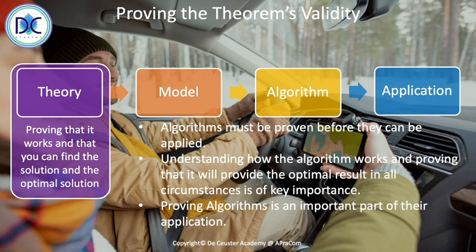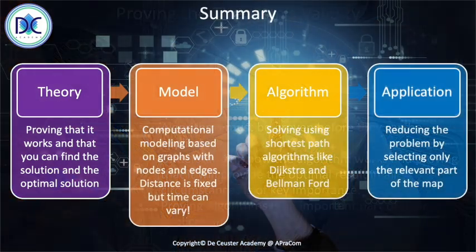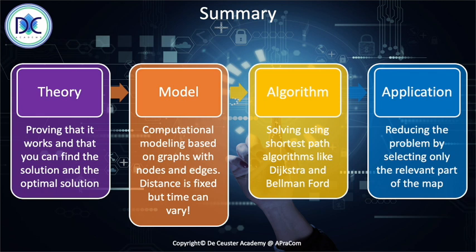We have the final model, we have the theory where we prove that everything works. We have the computational model where we use graphs with nodes and edges. And when we look at the distance here, the distance is fixed, but time can change. Look at circumstances on the road where we have some traffic works or some other elements that may lead to a different time.